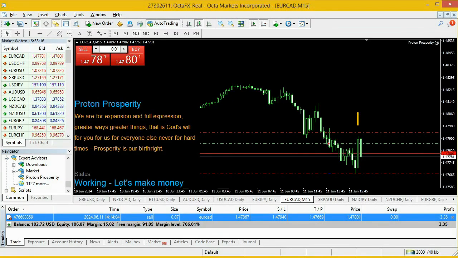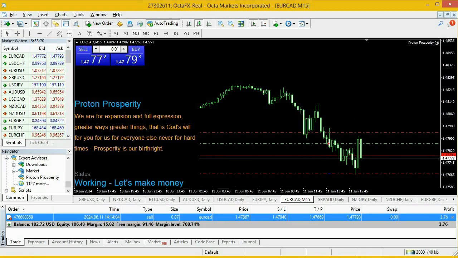Even if we had lost here, we would only have lost 1% of our initial balance, which is $1, a very small amount compared to what we stand to make.